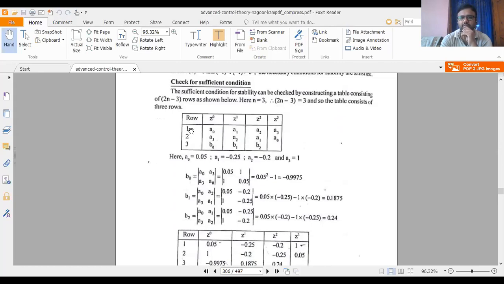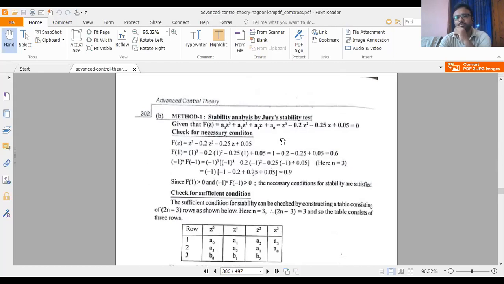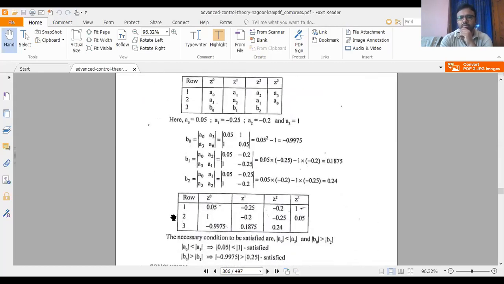The first row consists of the coefficients of z0, z1, z2 and z3, that is a0, a1, a2 and a3. Here a0 is 0.05, a1 is minus 0.25, a2 is minus 0.2 and a3 is 1. This is the table representing this.